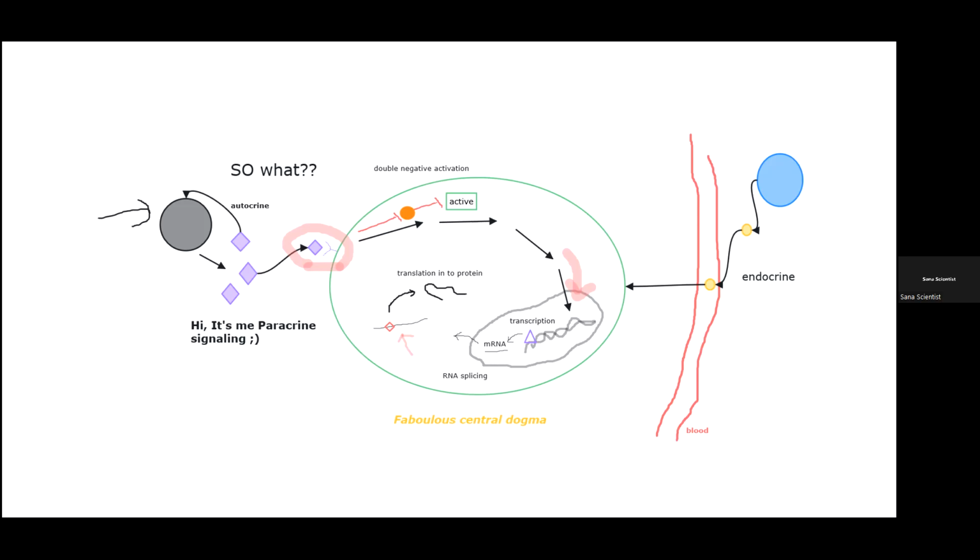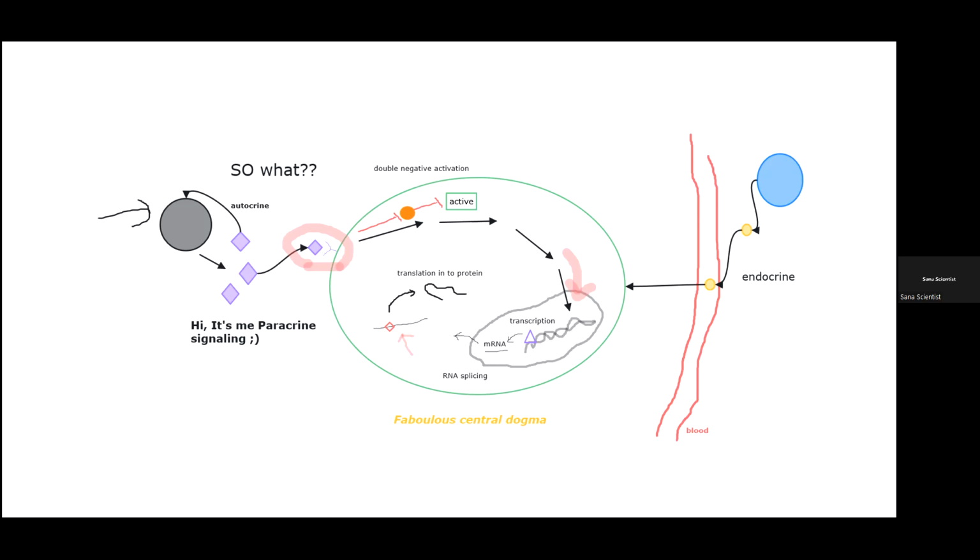So mRNA becomes mature through RNA splicing, it leaves the nucleus, and it gets translated into protein by ribosomes. And this is the fabulous central dogma. And this protein, which is created, can have so many functions. It can turn into a new receptor or anything, literally any function.